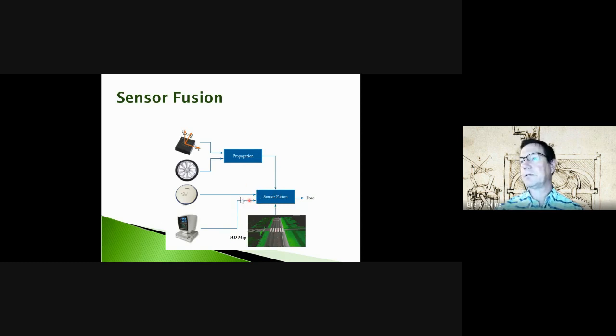So all this can be more difficult to calculate very fast, but it can be used to correct the drift and errors associated with these other things. And ultimately we get a superior value for our pose.